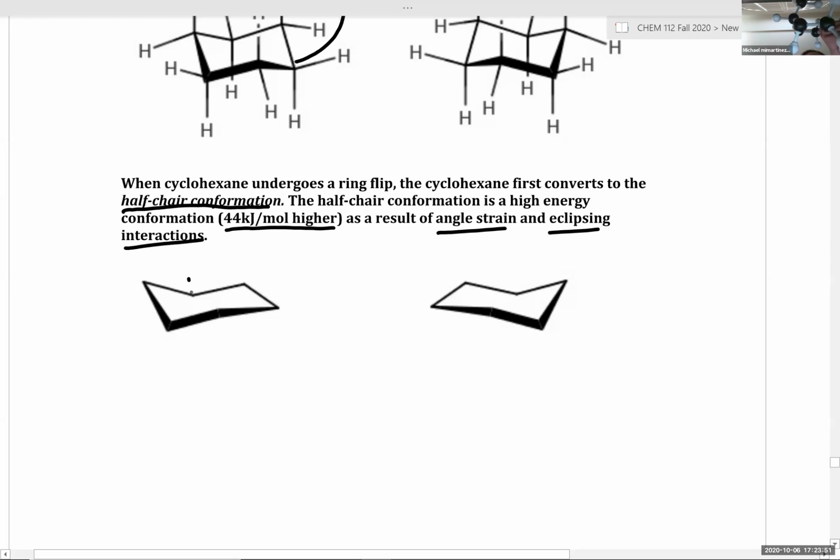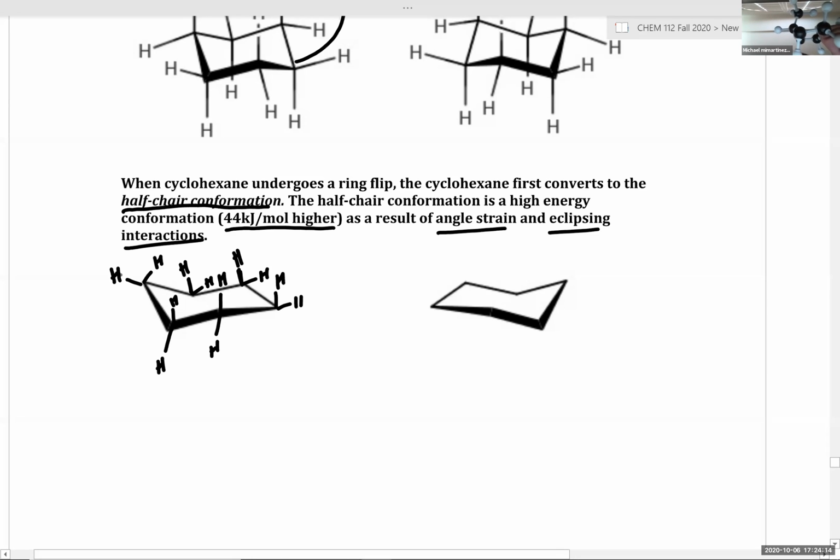So we've essentially locked all of our hydrogens into the eclipsed conformation. And we've introduced a pretty egregious amount of torsional strain as a result.